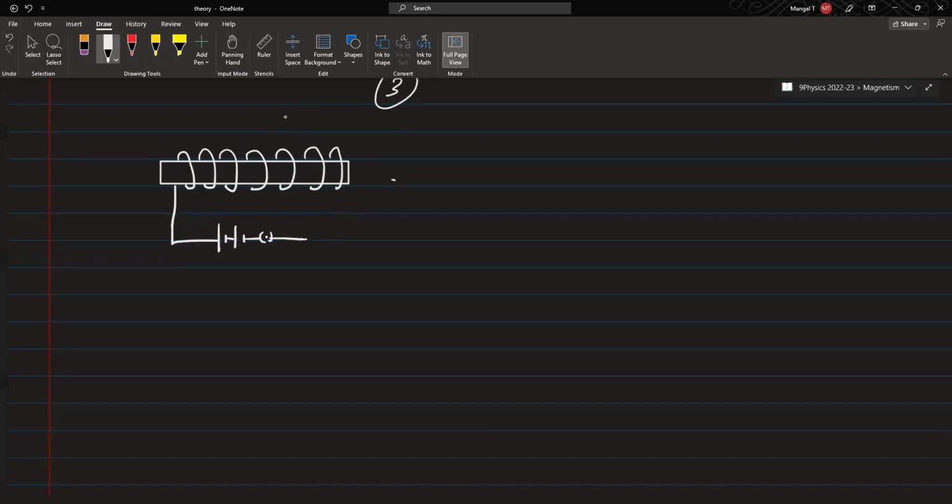We can even have a rheostat so that we can alter the current. You can control the current flowing. So here we have positive and negative, and then we have current flowing like this.